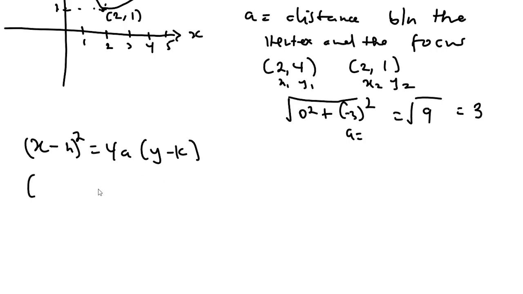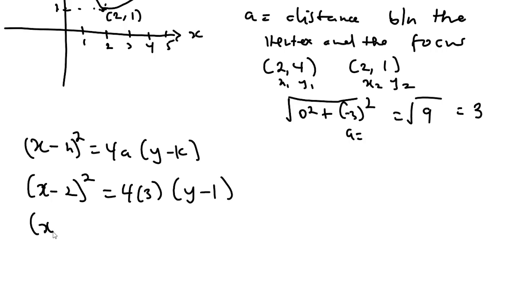With the vertex given, our h is 2. Then we have x minus 2 all squared equal to 4, multiplying the 3, which is the a, then we have y minus our k, which is what? 1. So this is going to give us x minus 2 all squared, then 12 multiplying y minus 1.